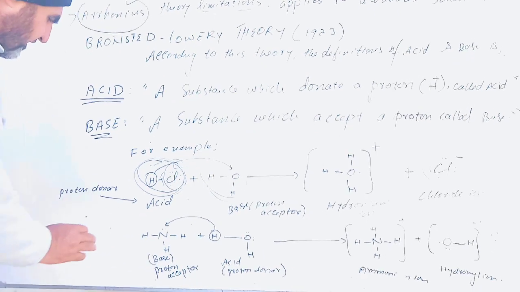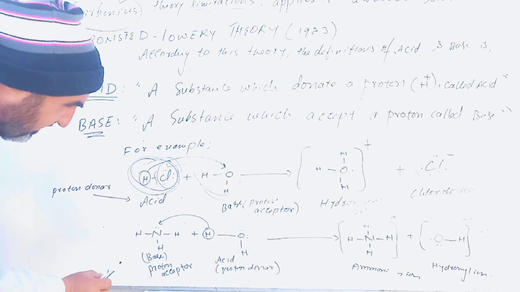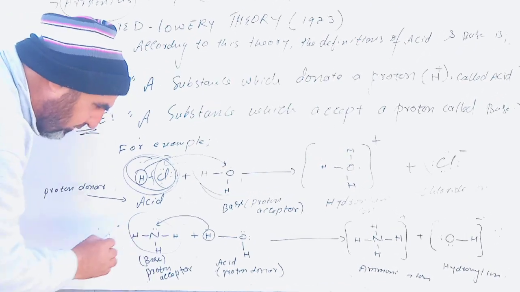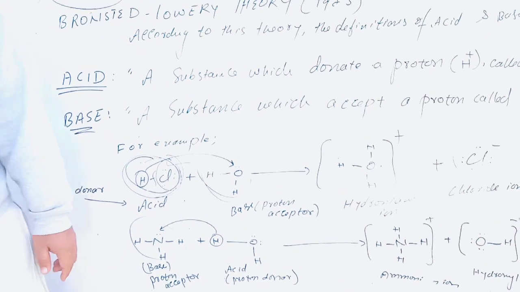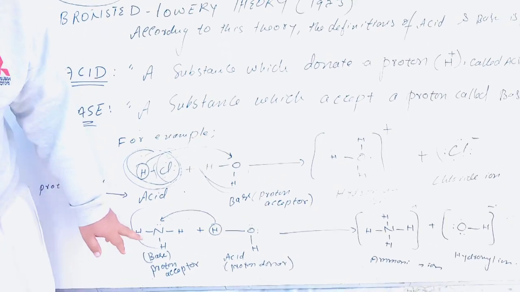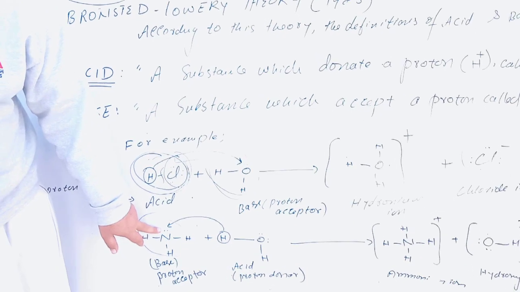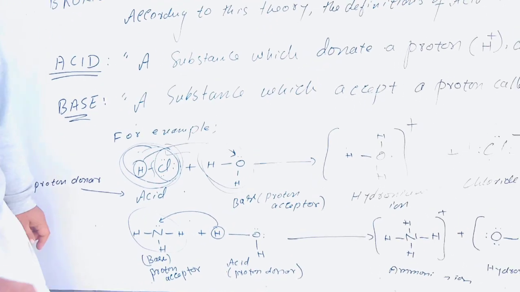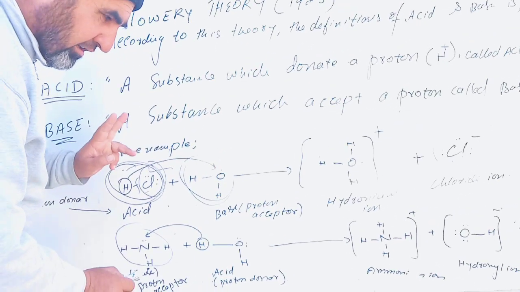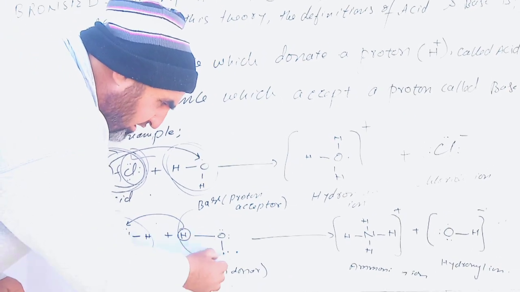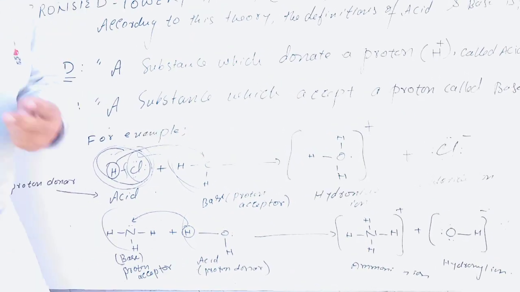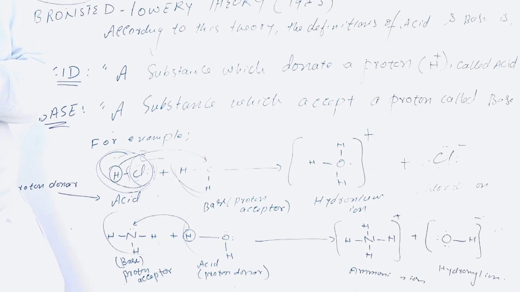Now the next example is ammonia. The formula of ammonia is NH3. The nitrogen carries a lone pair of electrons, but in the water molecule, the oxygen carries two lone pairs of electrons.